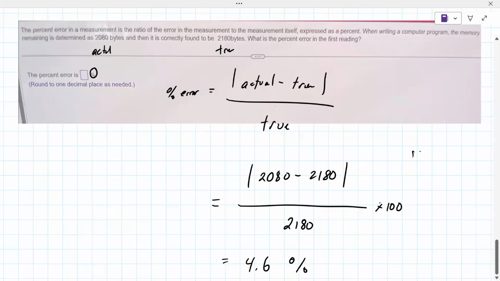One decimal place is 4.6. Oh, that's what I got.